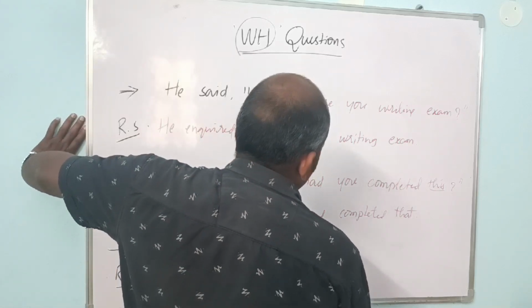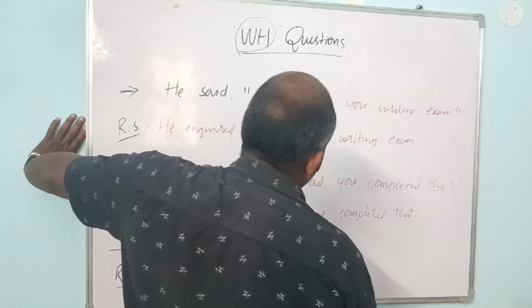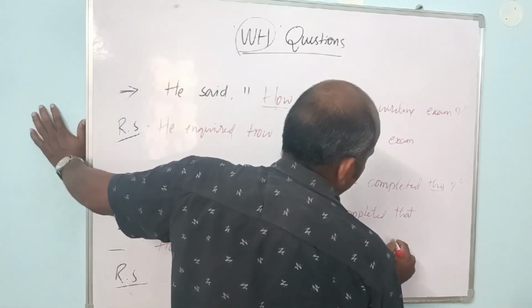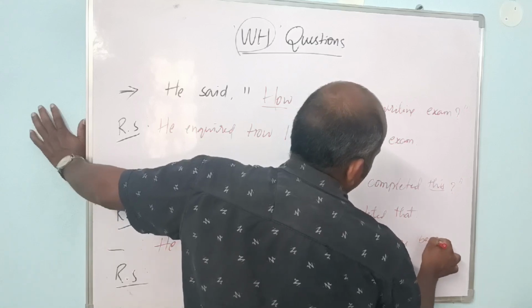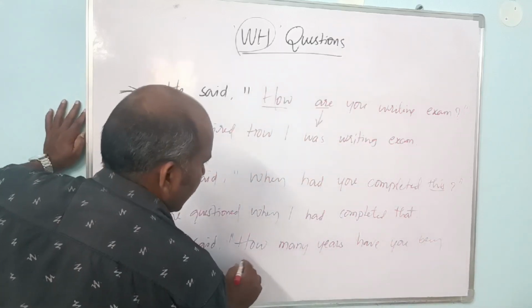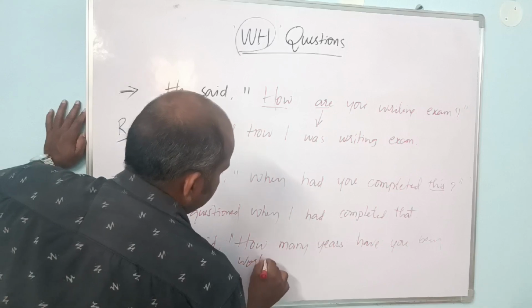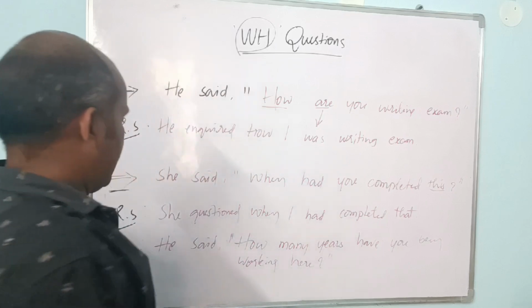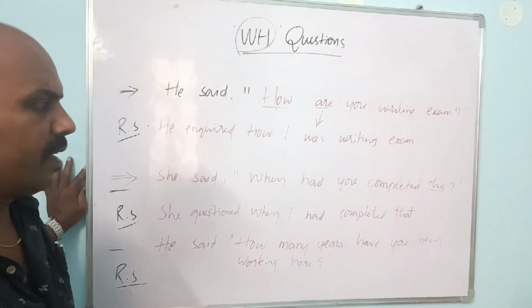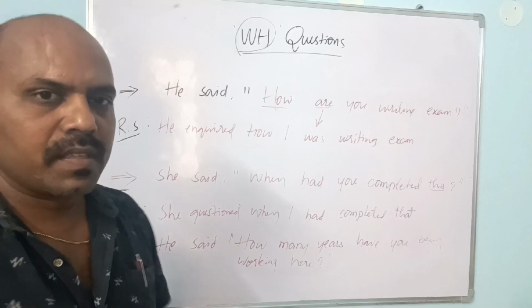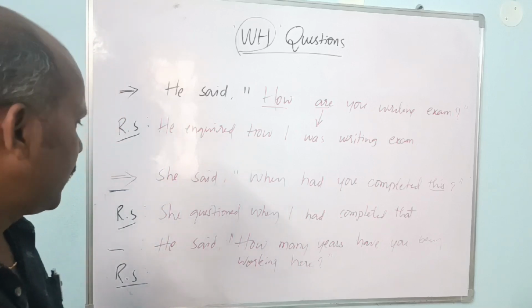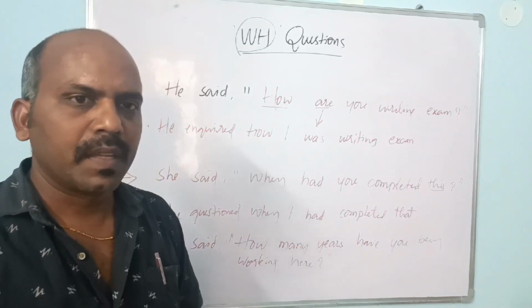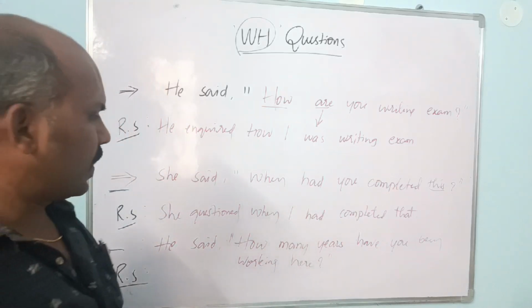He said, "How many years have you been working here?" Third example on present perfect continuous tense, right? He said, how many years have you been working here?